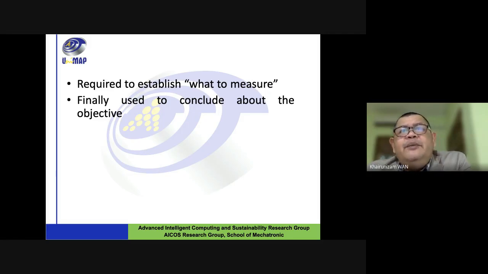What happens if your objective is not achieved? Your research objective that you design in the analysis phase is not achieved. If it is not achieved, it means that you cannot solve the research problem. Okay? If you cannot solve the research problem, it means that your report has failed.